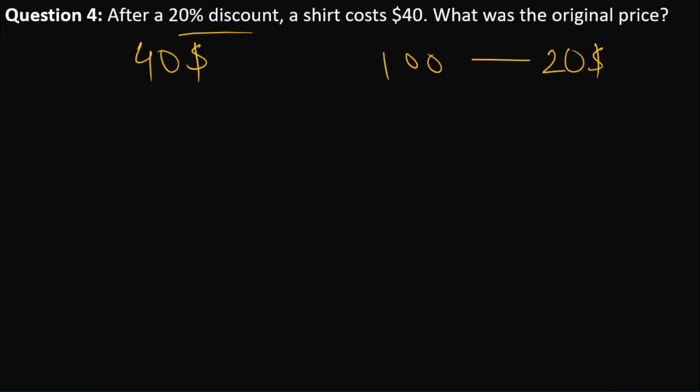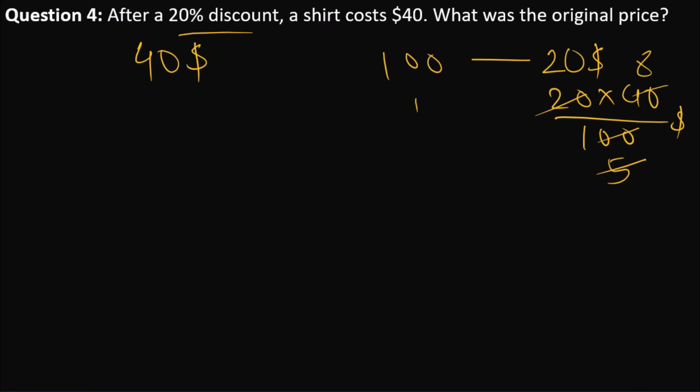If the price is $100, then we will get $20 off. If the price is $40, then 20 times 40 divided by 100. So here 20 goes into 100 five times, 5 goes into 40 eight times, so $8 will be less after the 20% discount.